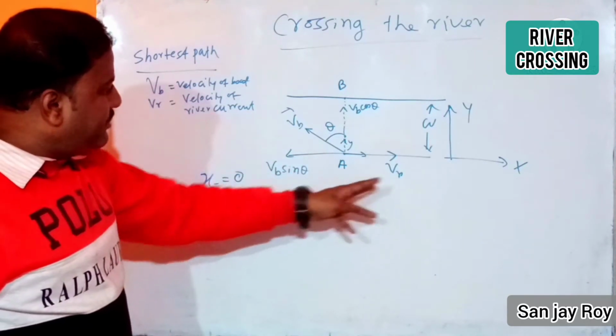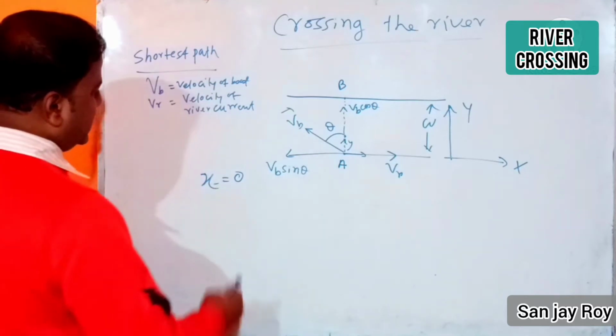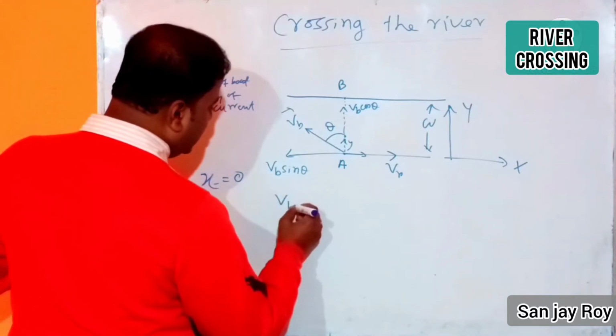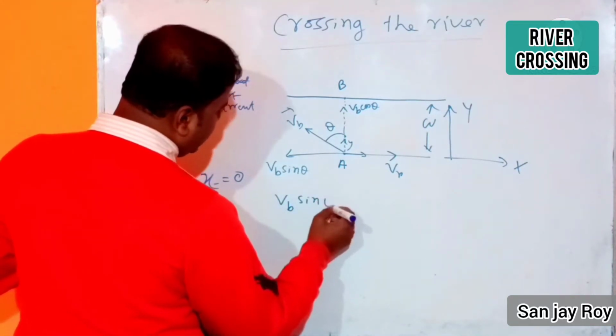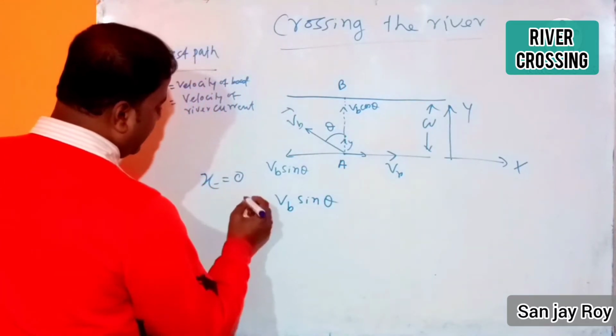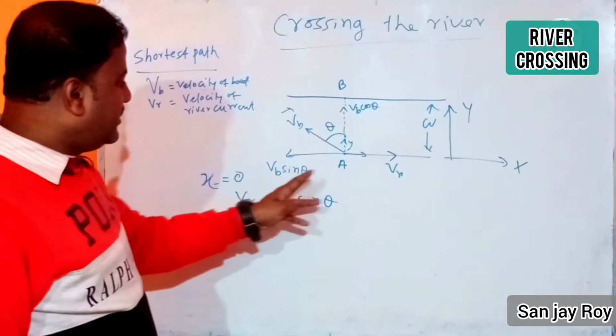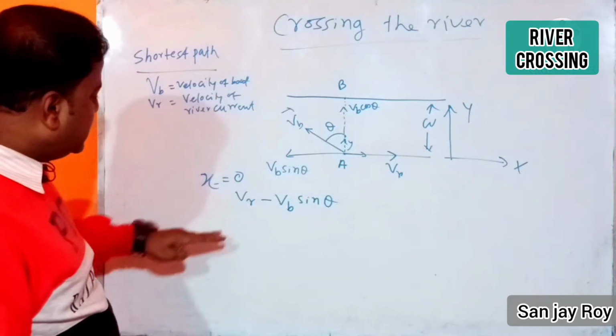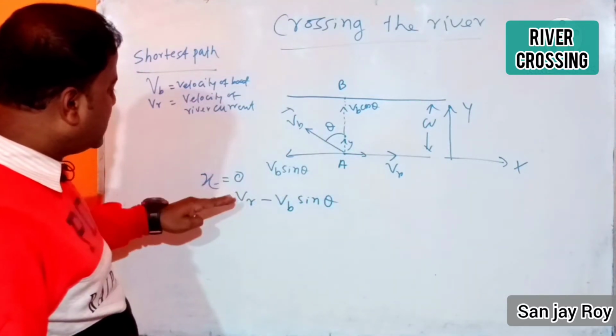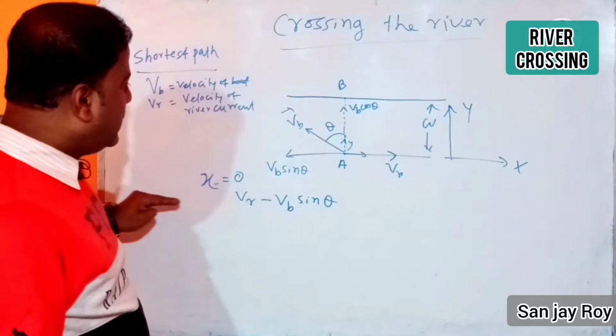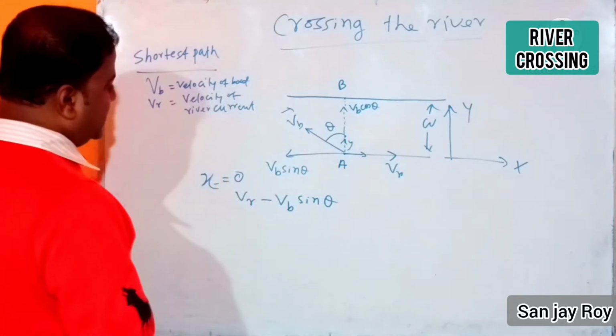Then the relative velocity along the X axis is VR minus VB sin theta. This is the relative velocity of the boat along the X axis.